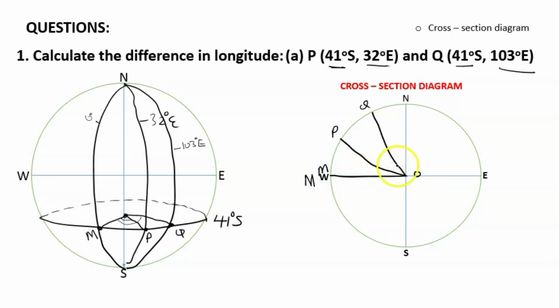So from here I'm going to take all the other references. From here to Q, that's my 103. Then from here to P, that is my 32 degrees. All right. So now, how do we find the latitude difference? I mean the longitude difference. You look at the letter. This is east. This is east.